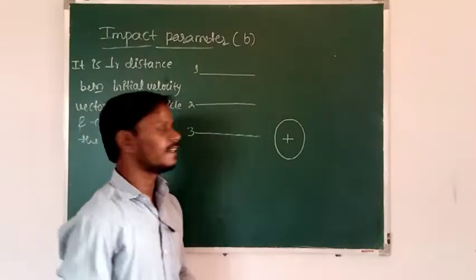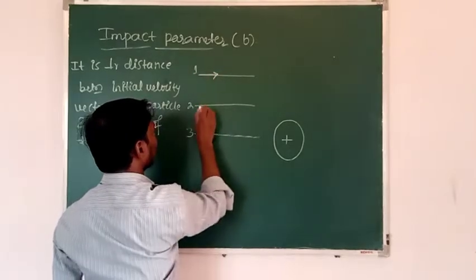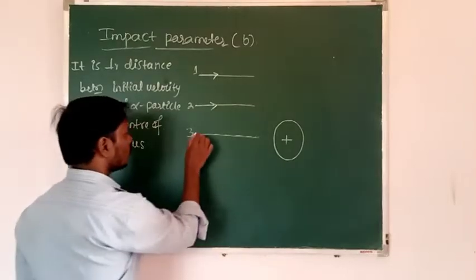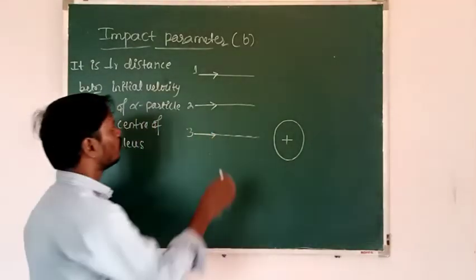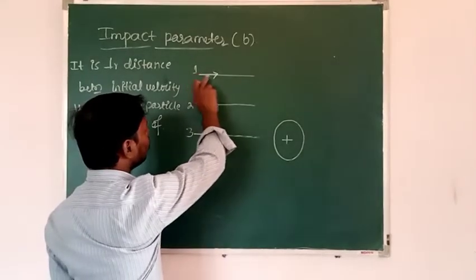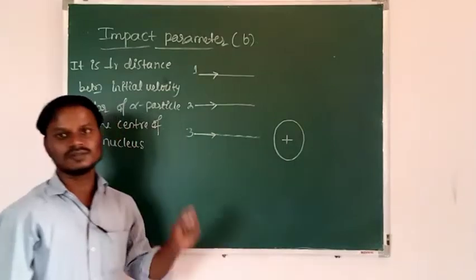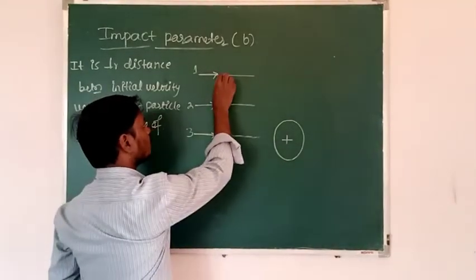Then see here, this is the initial velocity vector of the first alpha particle, this is the initial velocity vector of the second alpha particle, and this is the initial velocity vector of the third alpha particle. The perpendicular distance between the initial velocity vector of the alpha particle and the center of the nucleus is called impact parameter. So see this perpendicular distance.